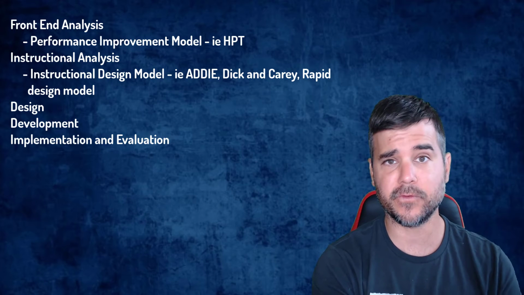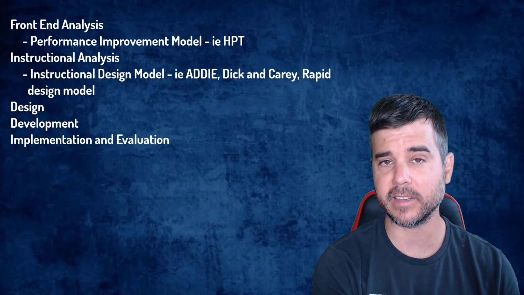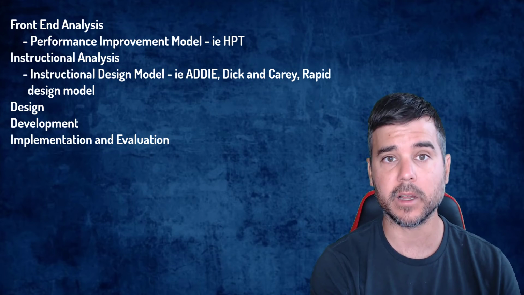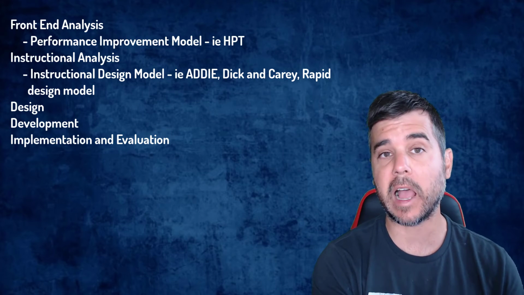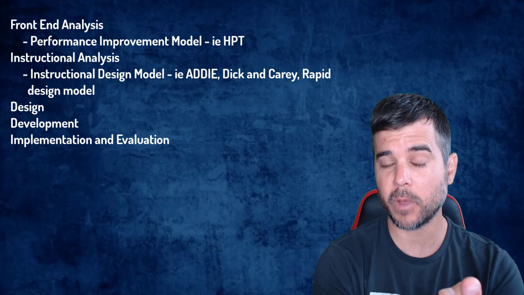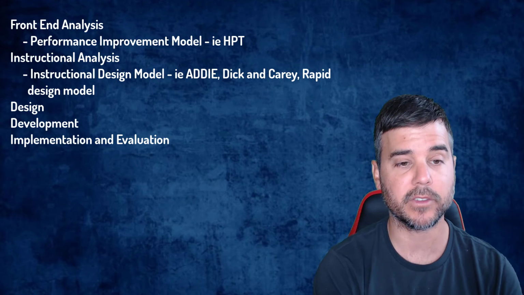In that first phase, that analysis, we're going to do our gap analysis, learner analysis, context analysis, goal analysis, task, all that stuff that's required to do a proper analysis, right? So in the first part, we choose our instructional design model. Okay, so we selected a front-end analysis model to identify the problem and our instructional design model to guide us through the rest of our process.